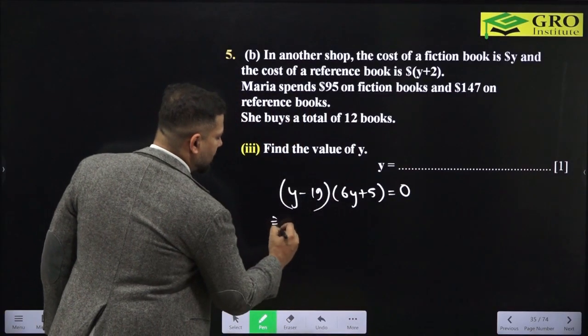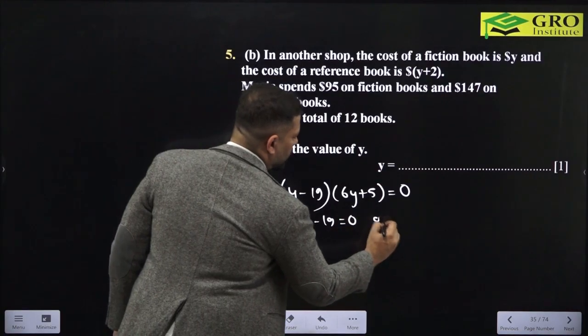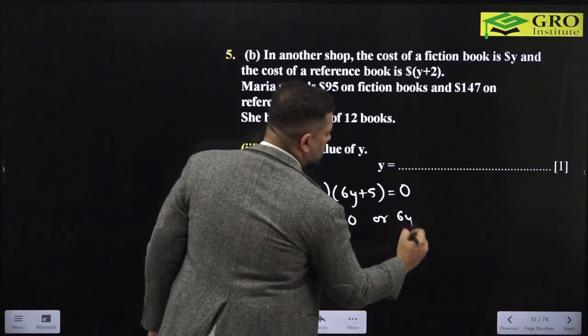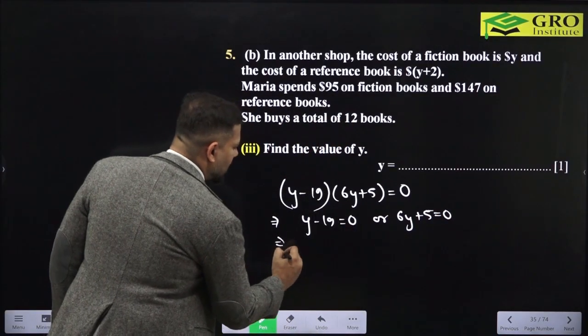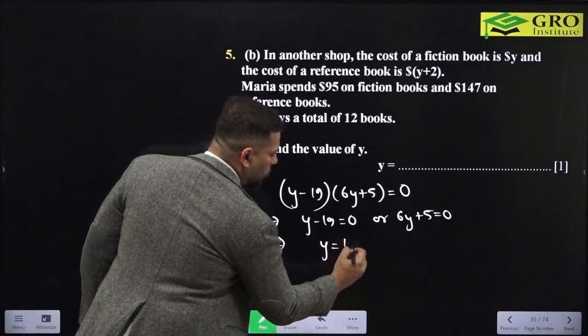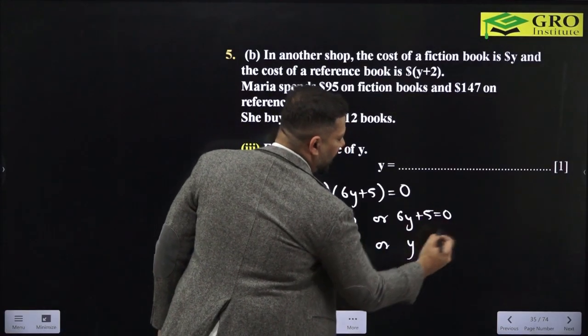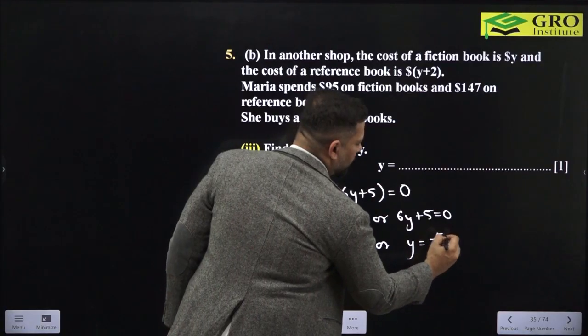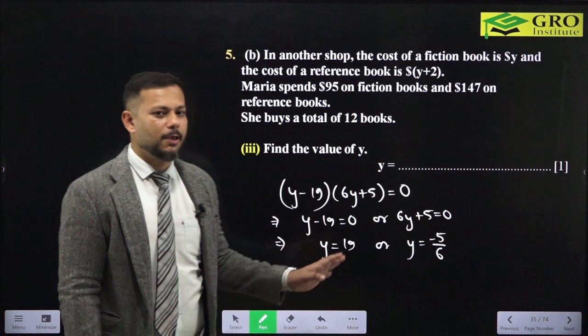So this implies that y minus 19 equals to 0 or 6y plus 5 equals to 0. So if y minus 19 is equal to 0, y equals 19, or here 5 goes there, becomes minus 5 and 6 drops down, so y equals minus 5 by 6.